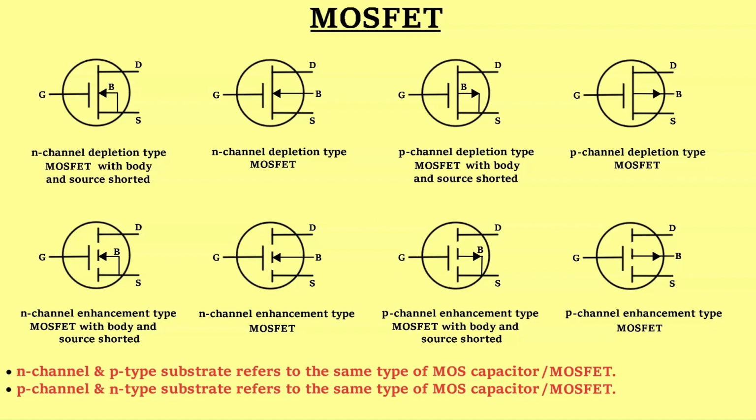You should remember these symbols, as sometimes direct questions also come in state level examinations. I don't think you can recall what the symbol of a solar cell is. So, a very simple question can become a difficult one if you are unaware of that. I hope you have enjoyed this lecture and are able to connect how MOS capacitor is related to MOSFET.